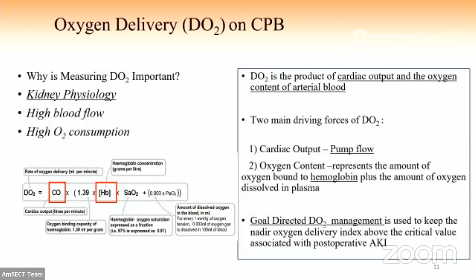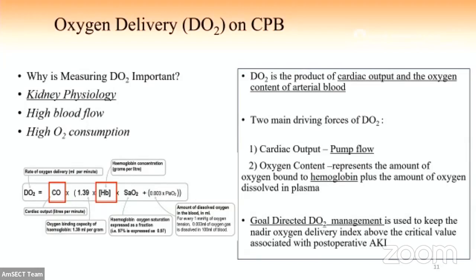So as we learned, why is measuring DO2 important? Well, because of the kidney physiology, high blood flow, high oxygen consumption. And from our equation here on the left, which we all have seen a million times, I used to calculate this on bypass like every 15 minutes before monitoring came out to make it more efficient.